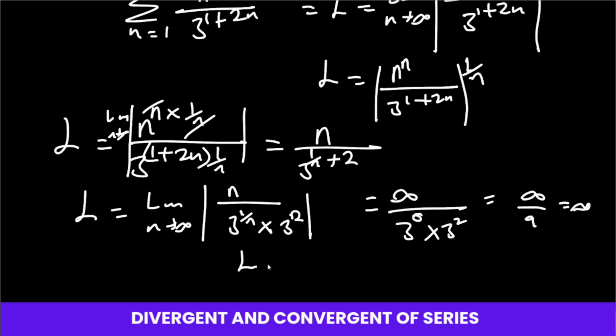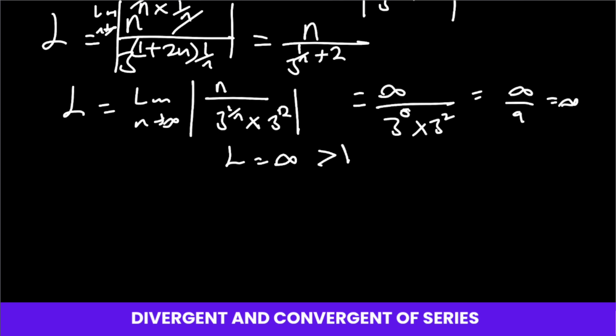So L is equal to infinity, and it is greater than 1. Since the value of L is greater than 1, we can say that a_n diverges by the root test.